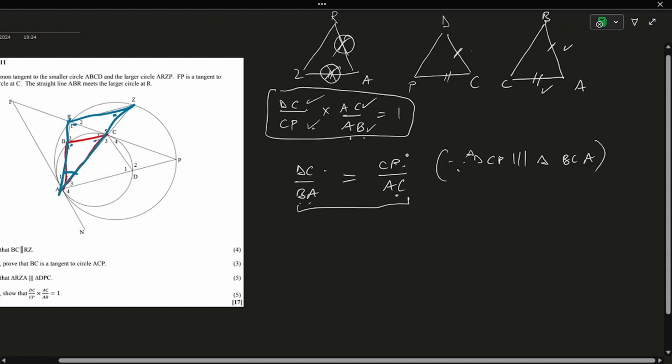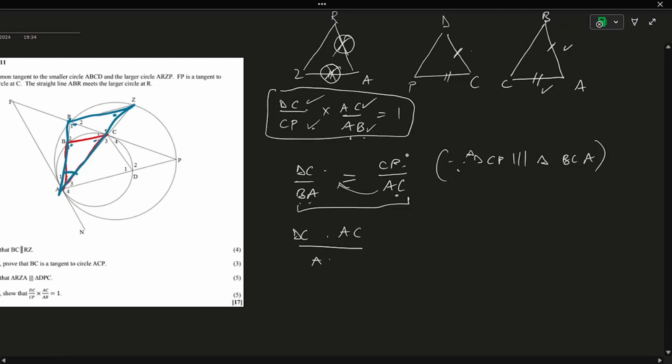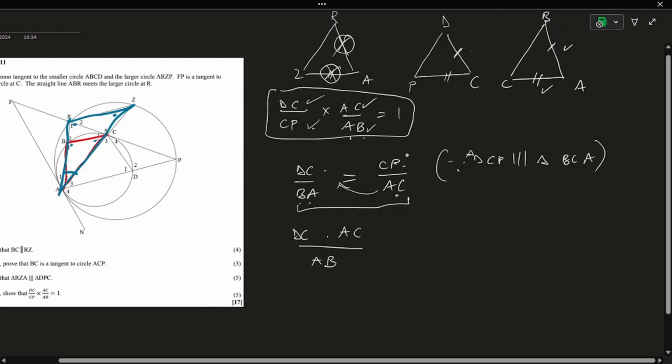So to put AC at the top, we can just cross multiply, which means multiplying this whole thing by AC. So this will now become DC multiplied by AC, all divided by, let's write it as AB because it's just BA. And then we'll be left with CP this side. So we also need a 1 this side. So to get 1, it's easy.